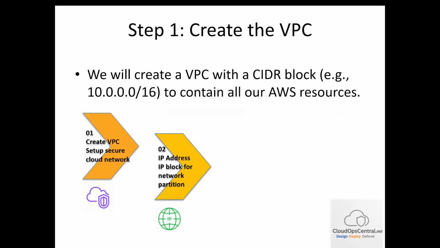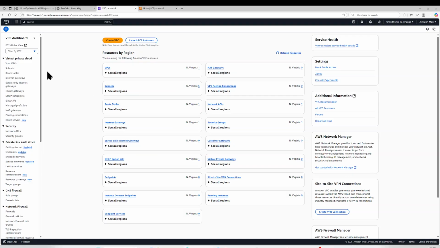Now, we are going to go ahead and create a VPC with a CIDR block of 10.0.0.0/16 to contain all of our Amazon resources. And 10.0.0.0/16 is a Class A network.